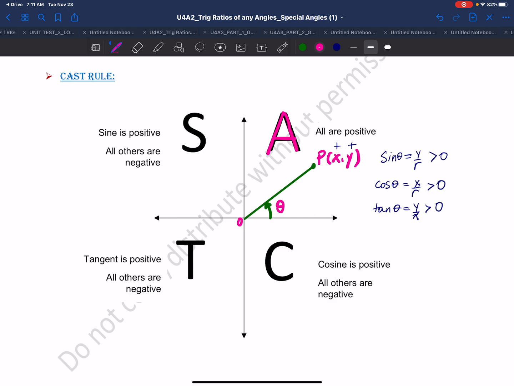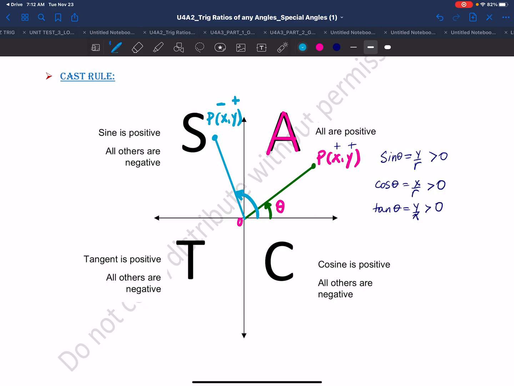When we move on to the next quadrant, in quadrant 2, let's pretend that we have an angle that has a terminal arm right in quadrant 2. And let's mark the positive angle. We're going to say that if we pick a point on the terminal arm with coordinates x and y, x will be a negative number and y will be a positive number.